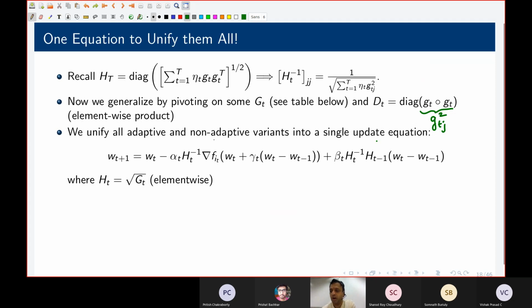So we can actually unify all of these into this single update equation. I'll show you what different versions of GT are for different algorithms. So GT, for example, could be I, the identity matrix. Okay, possibilities. GT is the identity matrix, for example, if you're doing non-adaptive stochastic gradient descent or momentum.